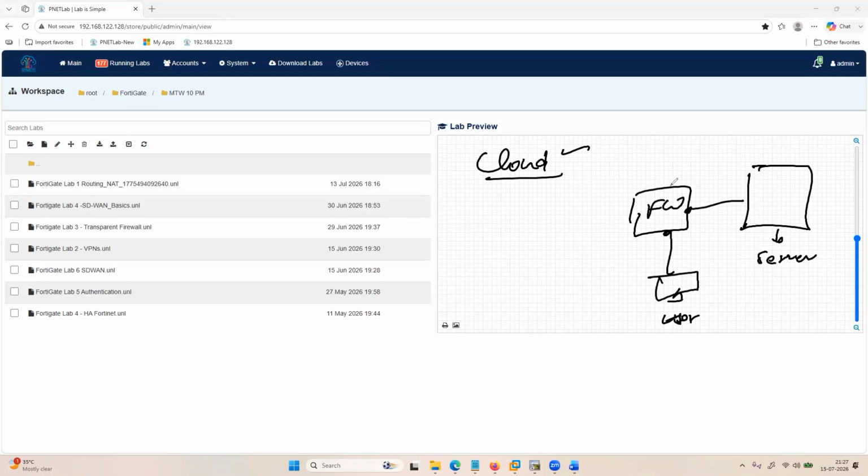Here is one user, and this is connected to the internet. We are accessing this firewall and all these devices, sending traffic this way and applying security profiles on it. Security profiles, if you're not getting it, that's okay: like web filtering, IPS, IDS engine inspection, we apply once traffic is passing through.